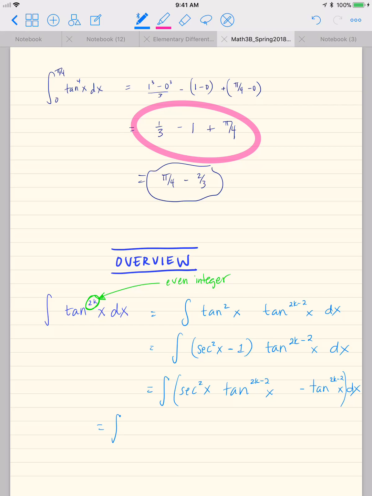And all of this we can write as two separate integrals now: the integral of secant squared x tangent to the 2k minus 2 x dx, minus the integral of tangent to the 2k minus 2 x dx.